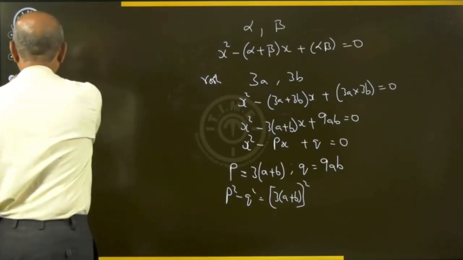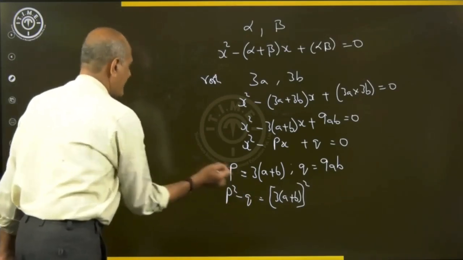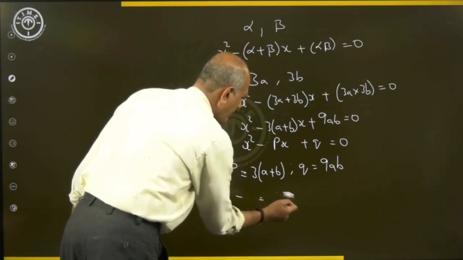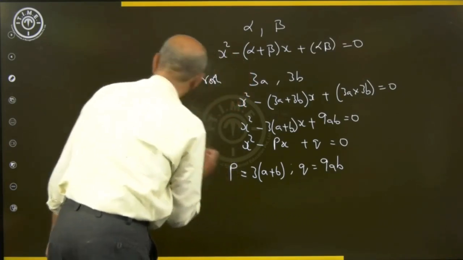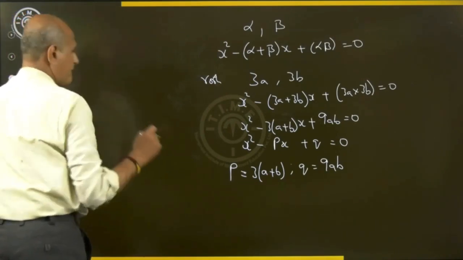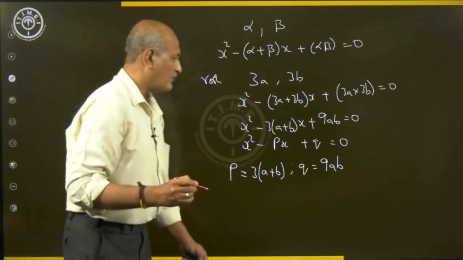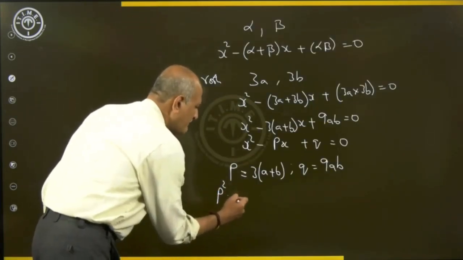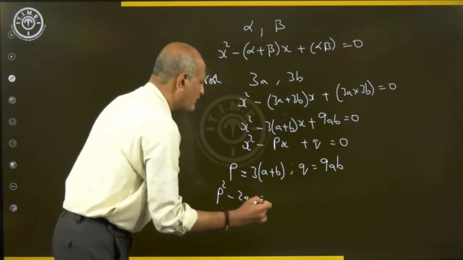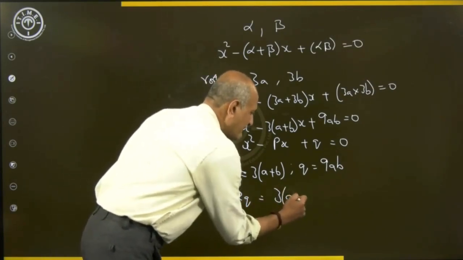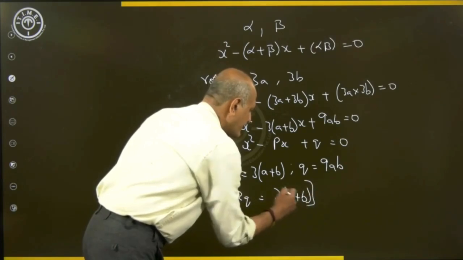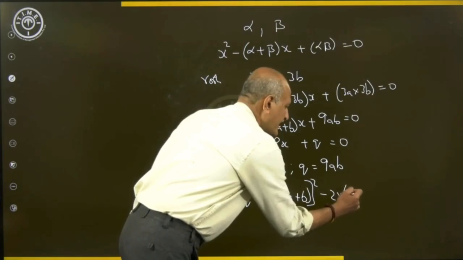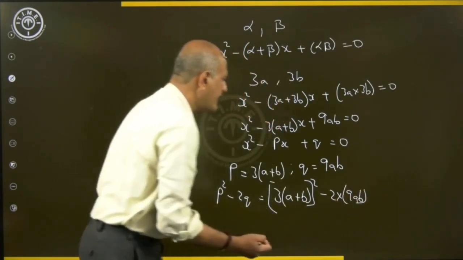Sorry, what exactly are we supposed to find? p square minus 2q here. We are looking for p square minus 2q, that means the value of 3 times (a plus b) whole square minus 2 times 9ab. Let us simplify this.